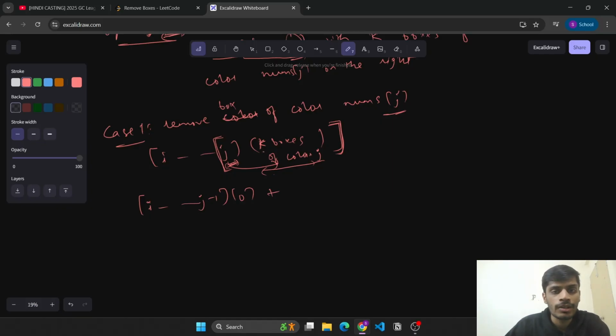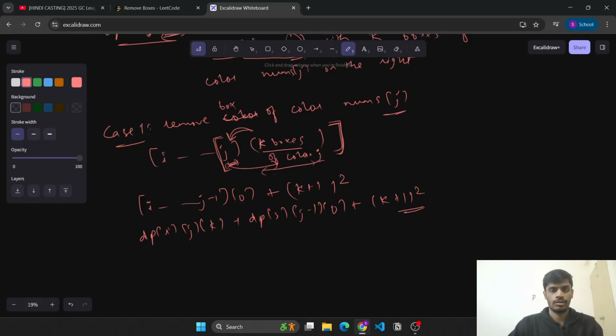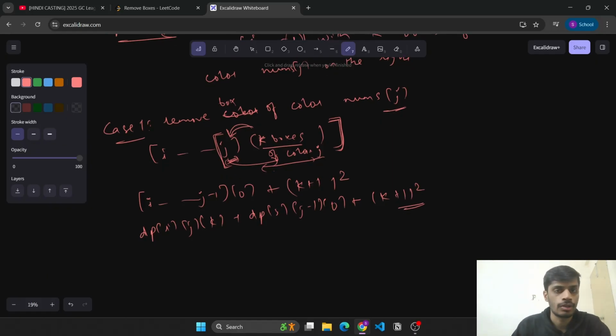The cost will be k plus we have one more box of color nums of j, so it will be k plus 1 whole square. So in this case dp of i, j, k will be dp of i, j minus 1, 0 plus k plus 1 whole square. Alright, this is the case.